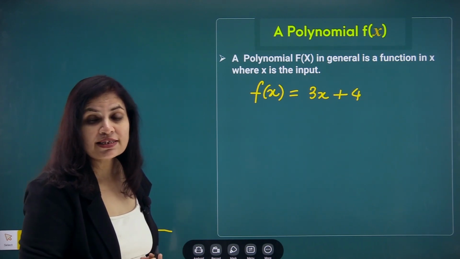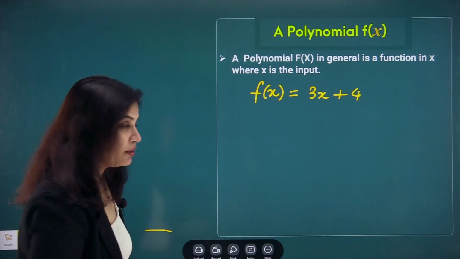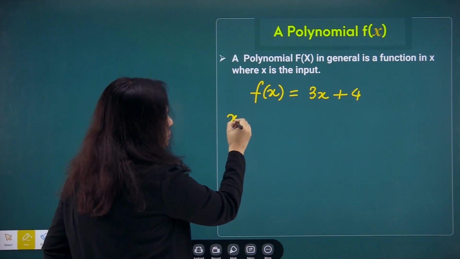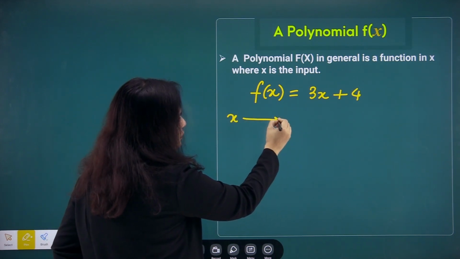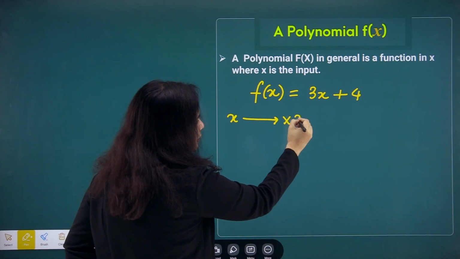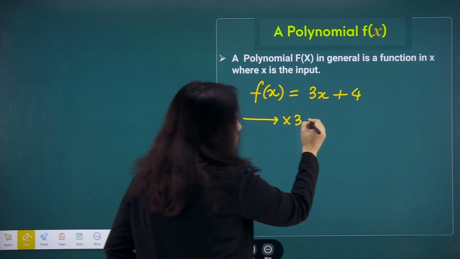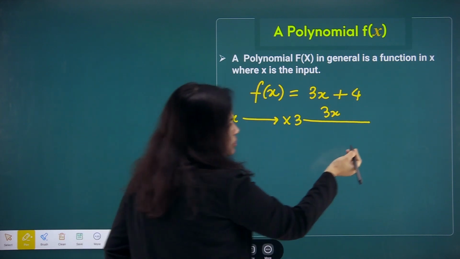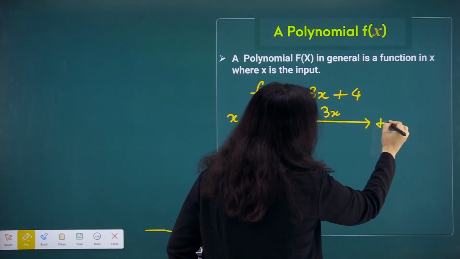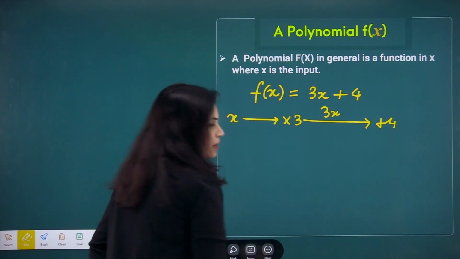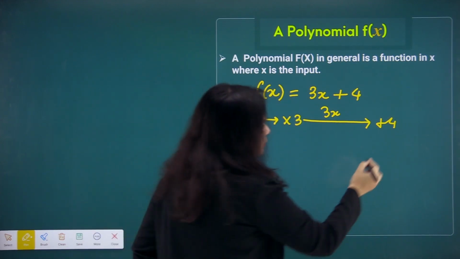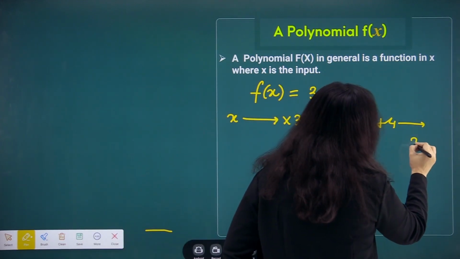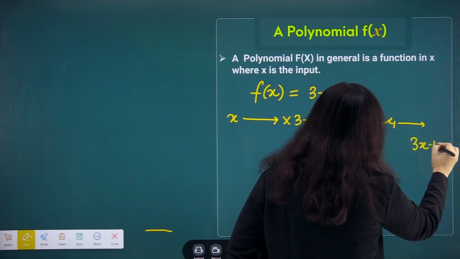That is, processing of x is done in what manner? We started with an input x. We first multiplied it with 3. As I multiplied it with 3, I got 3x. Now, to this 3x, further 4 is added. When 4 is added to it, we finally get the final output 3x plus 4.